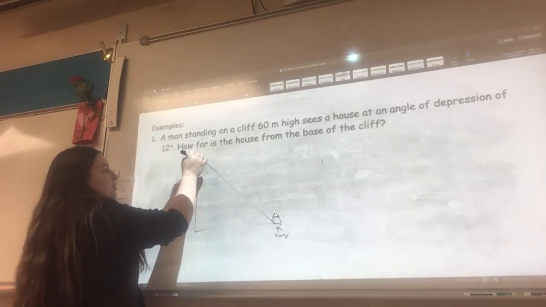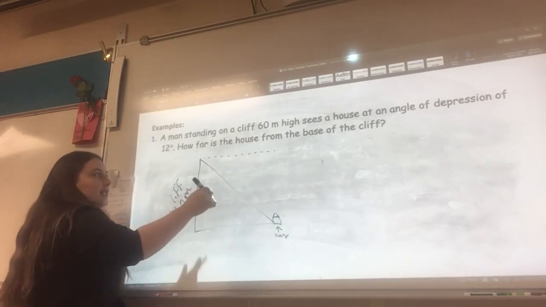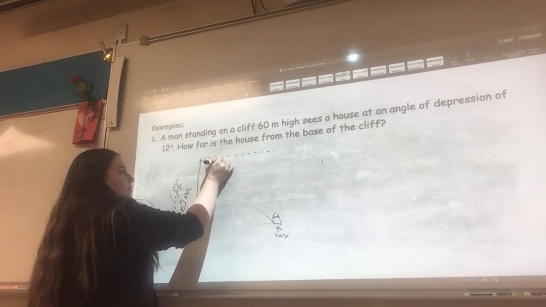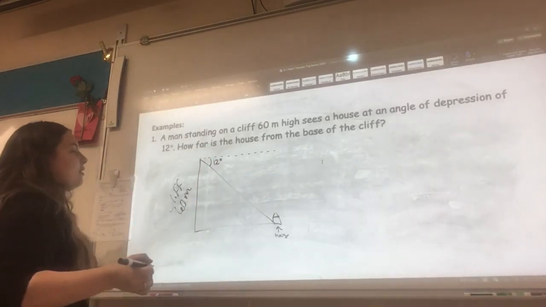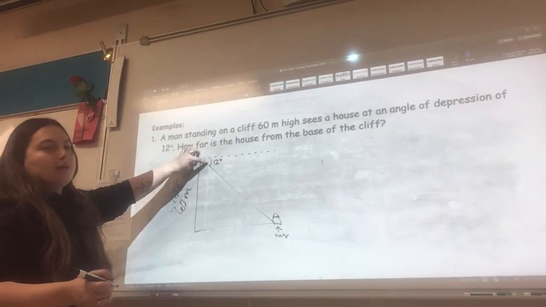So angle of depression from the horizontal. Whenever you have angle of depression, there should be a dotted line. The angle of depression was 12 degrees. Okay, angle of depression has a dotted line, goes to the triangle.